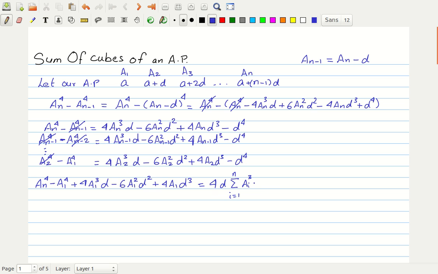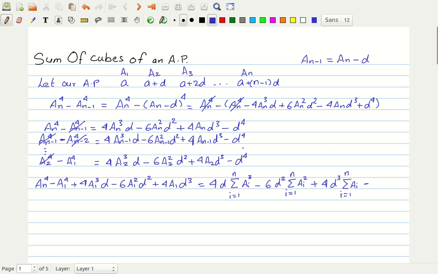This is what we have to find, ai cube, minus 6 d square sigma of ai square, i equal to 1 to n, plus 4 d cube sigma of ai, which is normally the sum of the arithmetic progression, i equal to 1 to n, minus, how many times do we have d to the power 4 here?